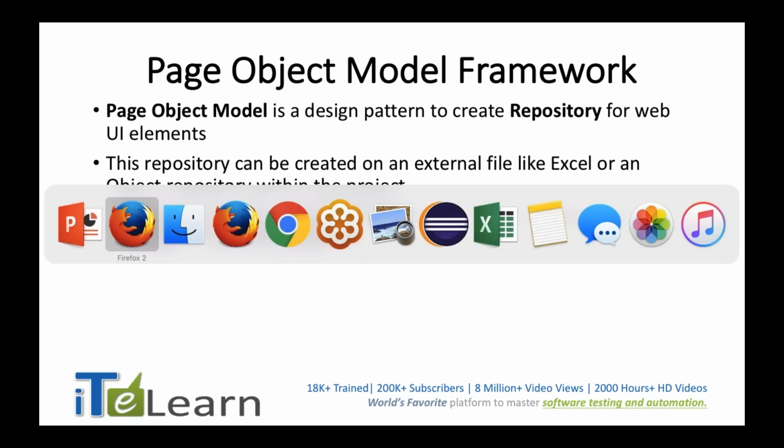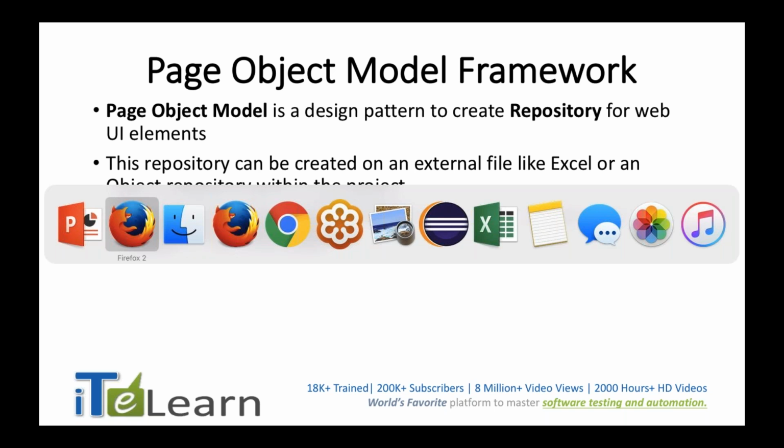One of the advantages of doing that is, let's say you're using one element, the search button. The search button you'll probably be using in a lot of test cases.